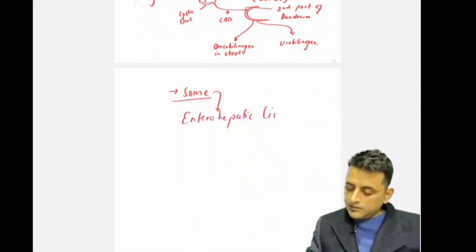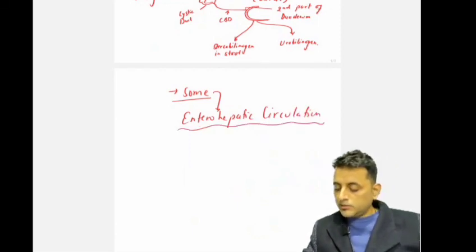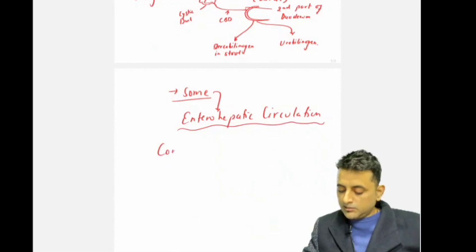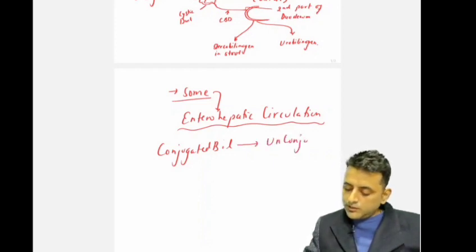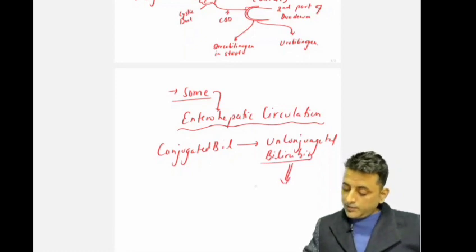So what is enterohepatic circulation? In enterohepatic circulation, conjugated bilirubin is converted into unconjugated bilirubin and is again taken to the liver.